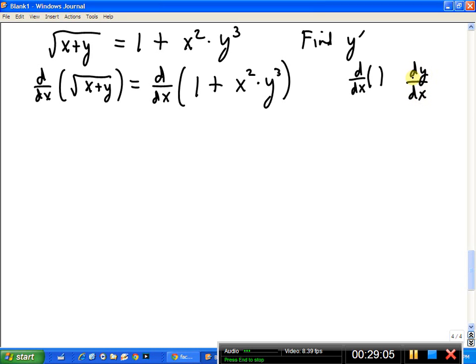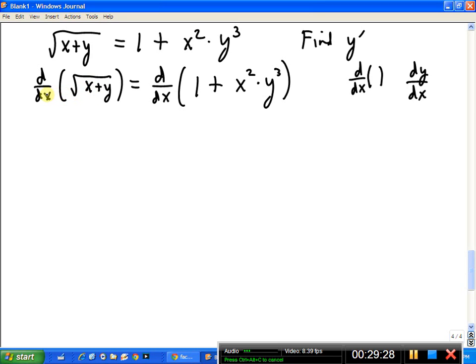That's a complete phrase. A lot of people, when they do this kind of stuff, will stick dy dx up here in front, and that's fatal. You are not multiplying both sides by dy dx. You are taking the derivative of both sides with respect to x. That's very, very different. So what we're doing here is taking the derivative of both sides with respect to x.